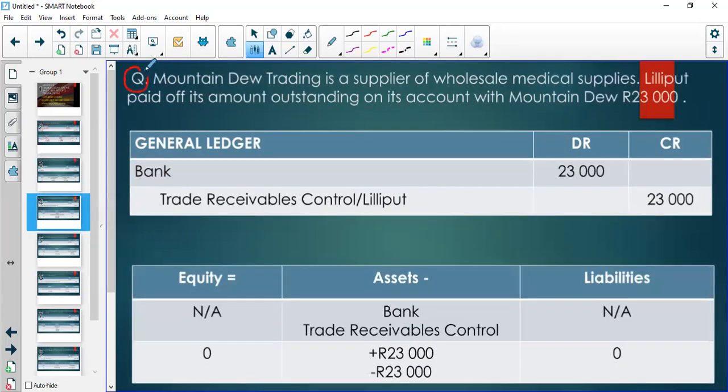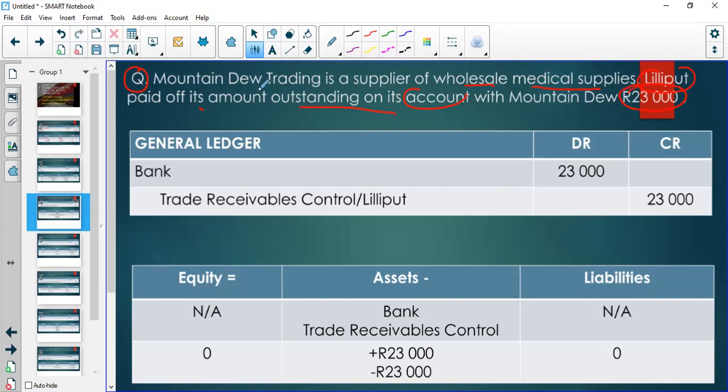Then we have another question. So this is dealing with medical supplies. That is a wholesale business, and then we have a customer. The customer paid off an amount outstanding on its account, and the customer paid 23,000.